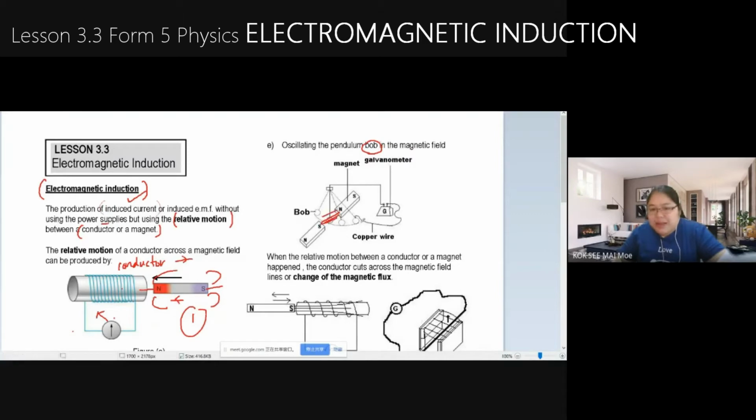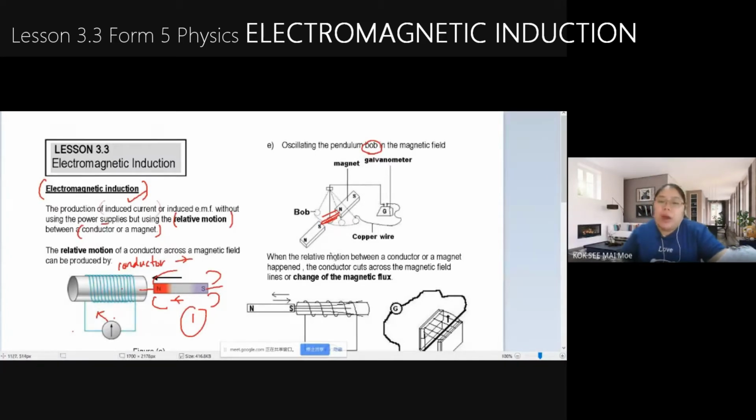When the metal ball, the bob, moves, it cuts the flux. This part is joined with the galvanometer, and then the galvanometer will also be deflected. So the ball is cutting the flux, and after that it generates induced current. Although not exactly 90 degrees, there is still a little bit of current, unless you are parallel. Parallel, nothing happens.